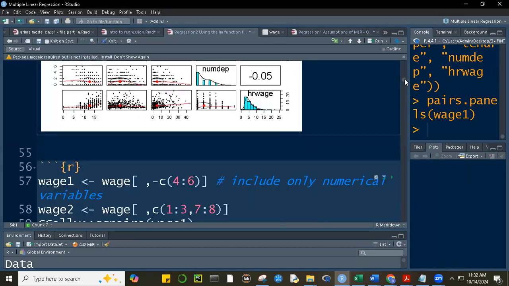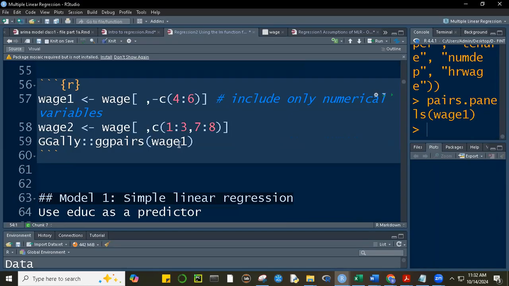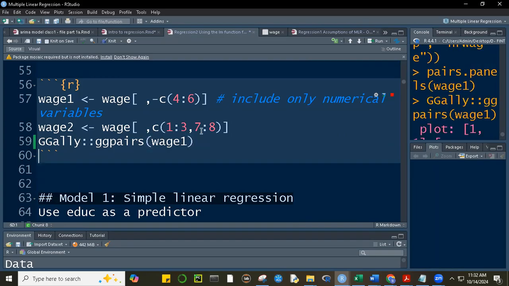Then here, class, I can now run this from the GGally package. We have ggpairs. I actually prefer this ggpairs plot.